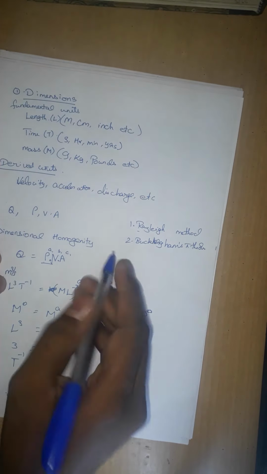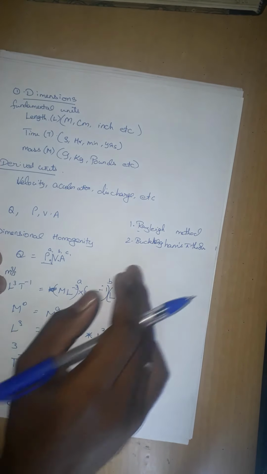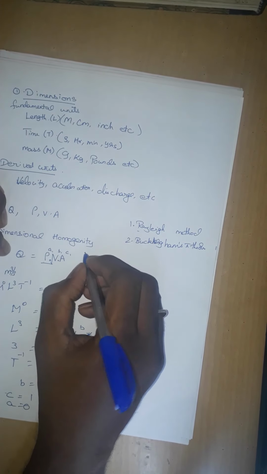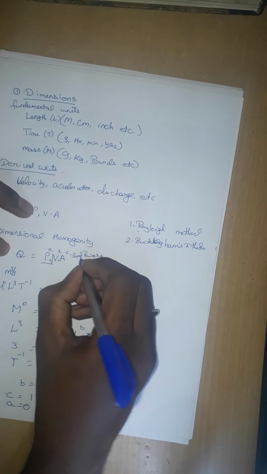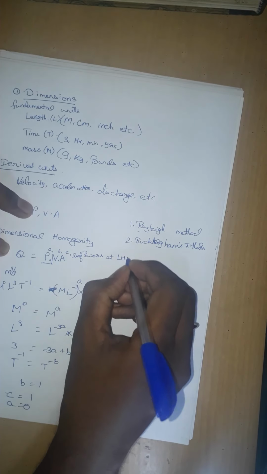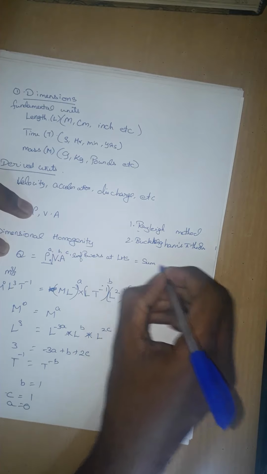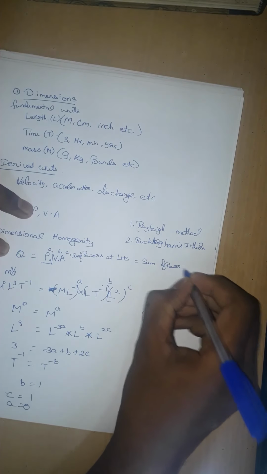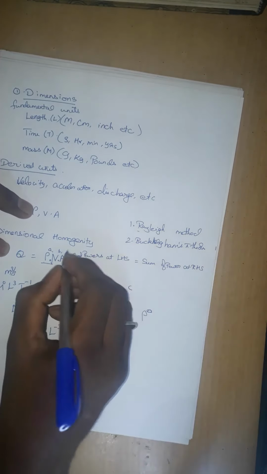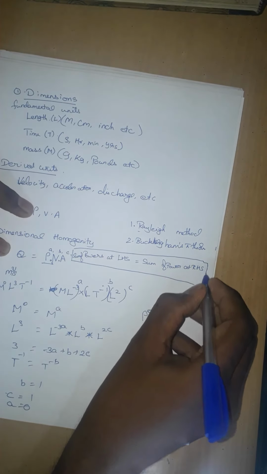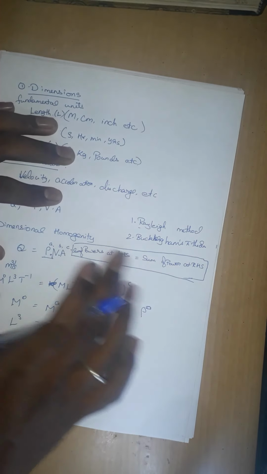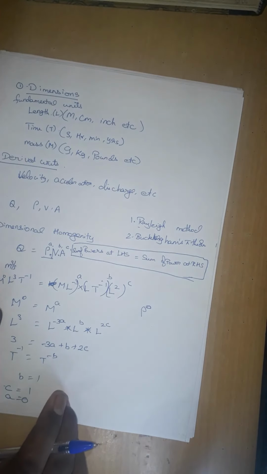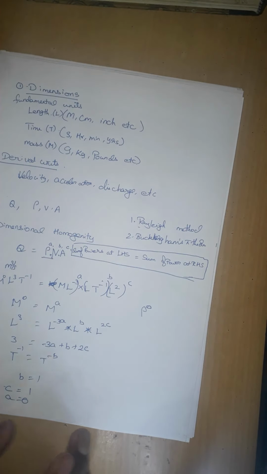In this method of solving, dimensional homogeneity says the sum of powers at LHS is equal to the sum of powers at RHS. This equation is a dimensional homogeneity equation, and solving like this is called the Rayleigh method.